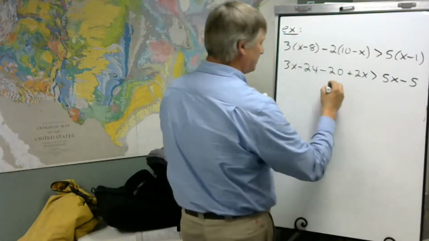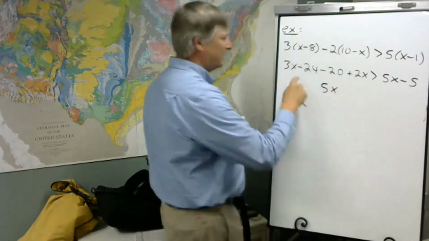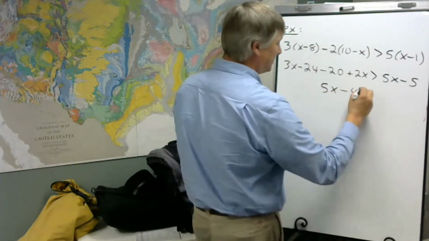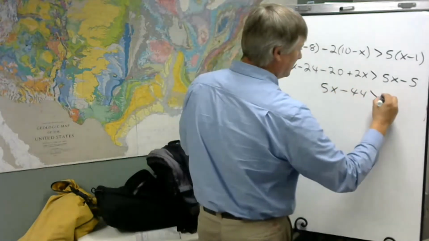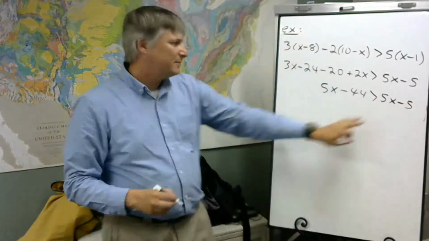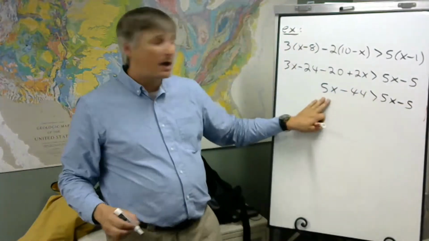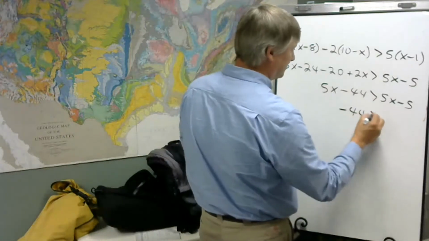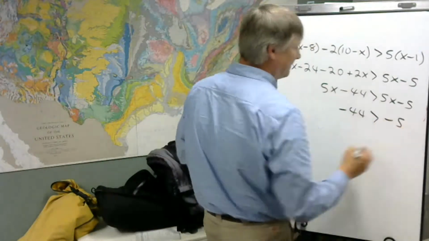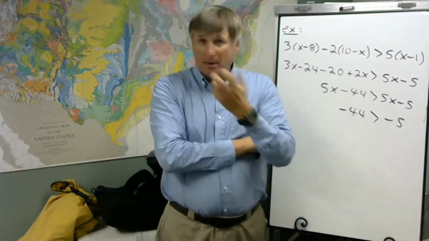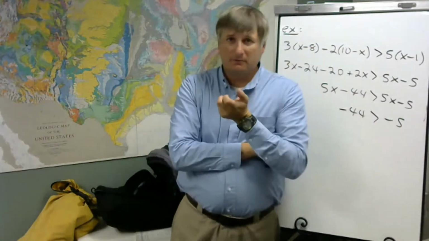And so let's combine some like terms on this side. 3x plus 2x will be 5x. Negative 24, subtract 20, it's negative 44. You get 5x minus 5. So let's say we subtract 5x from both sides. We'll get negative 44 is greater than negative 5. Now, positive 44 is bigger than positive 5.